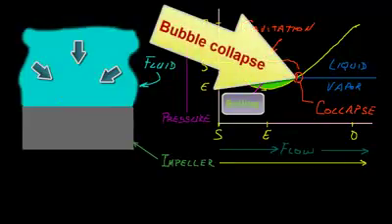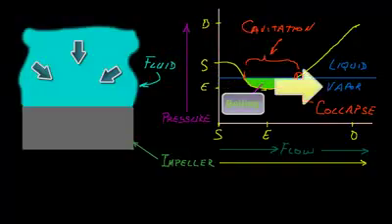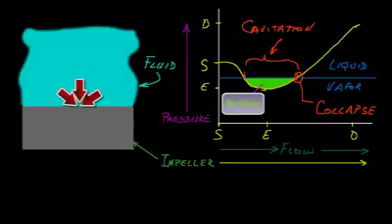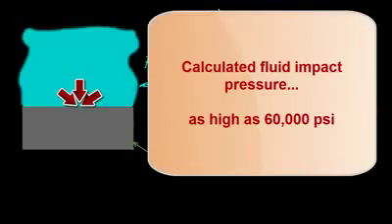At that point, the gas bubble collapses or implodes under the pressure, or in other words, the gas bubble vapor quickly changes phase back to a liquid state. The collapsing gas bubble results in a high-velocity, localized fluid impact shock wave on the surface of the part. By some estimates, that fluid impact pressure is calculated to be as high as 60,000 psi. Pressures in that range are capable of plastically deforming some metals.